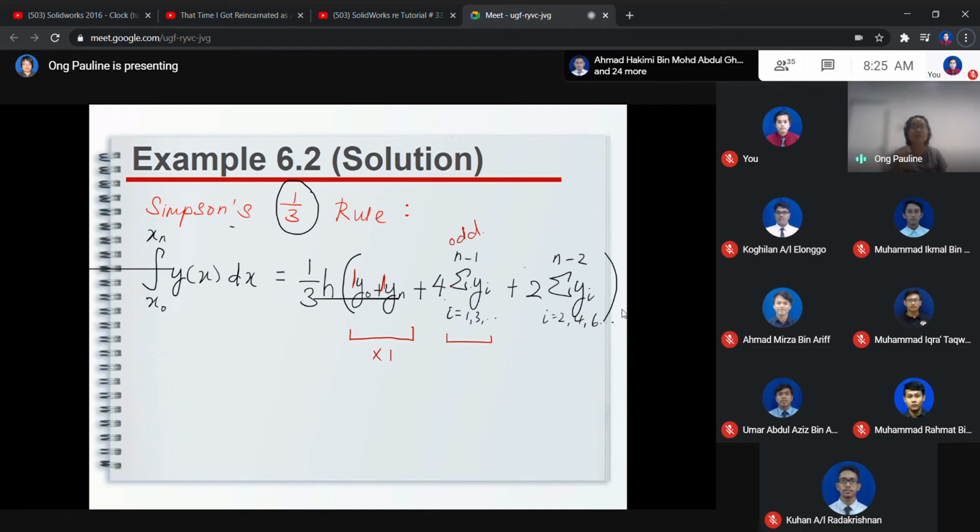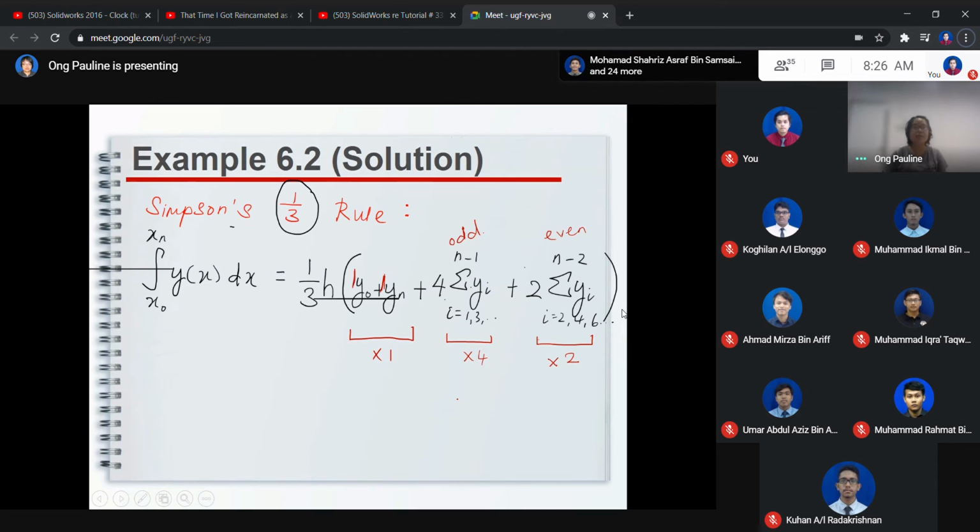You have the pattern 4, 2, 4, 2, 4, 2 until 4. The third category will be yi where i is an even number, 2, 4, 6, and so on. When you sum these, you multiply by 2. Based on the multiplier in front of yi, we can group the y into 3 different groups.